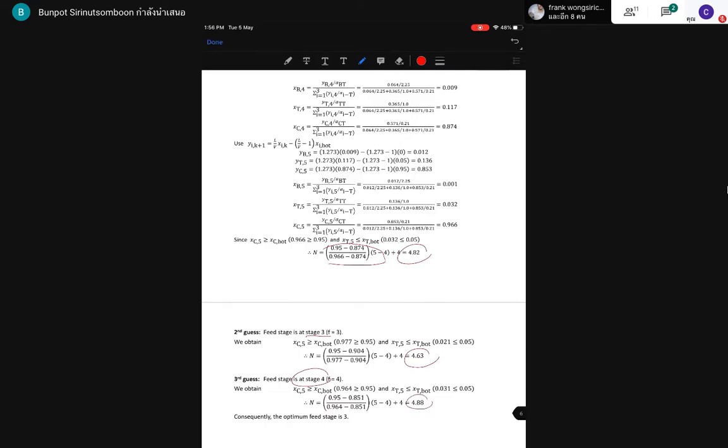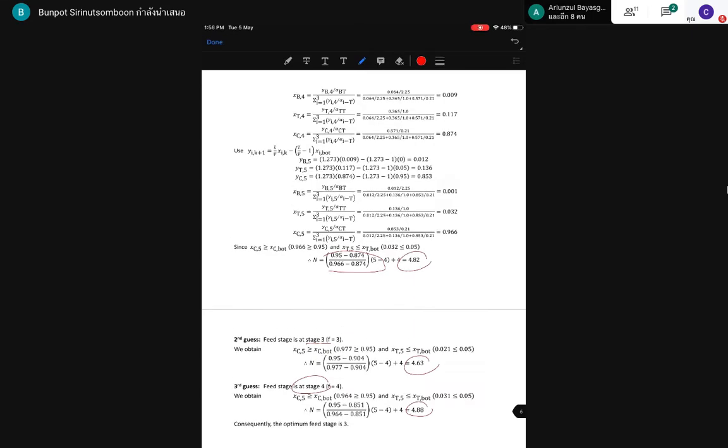So from this, it seems that my second case, when I say that the feed stage is at stage 3, gives me the best result. So this is my final answer. Like the total number of stages is about 4 to 5 stages, with the best location for the feed stage to be at stage 3.